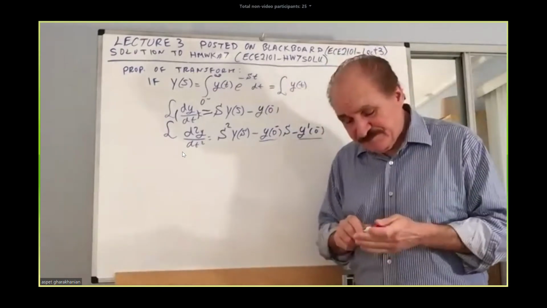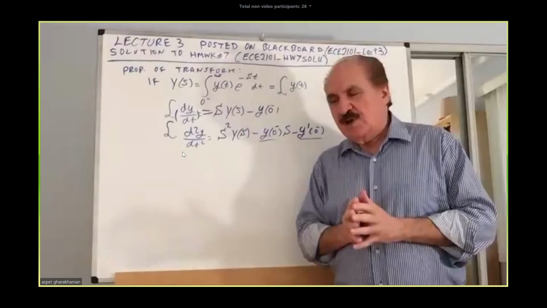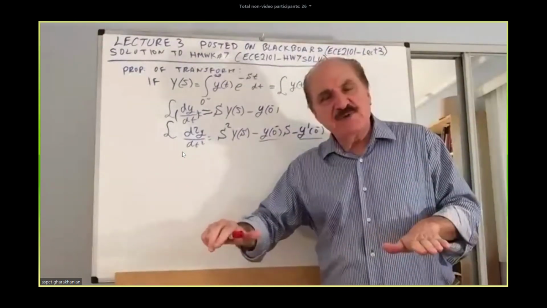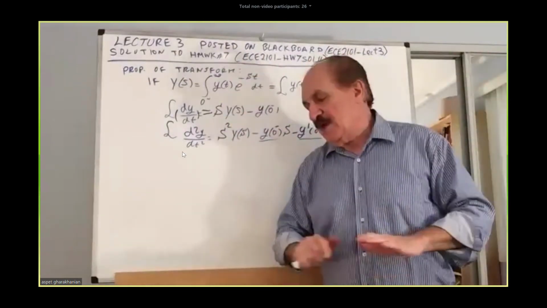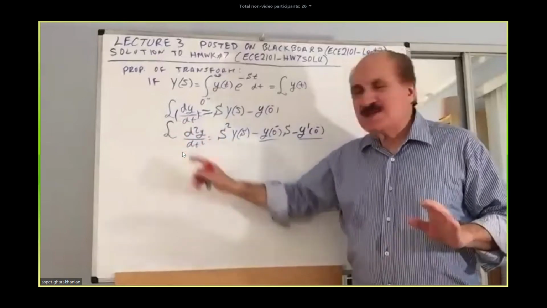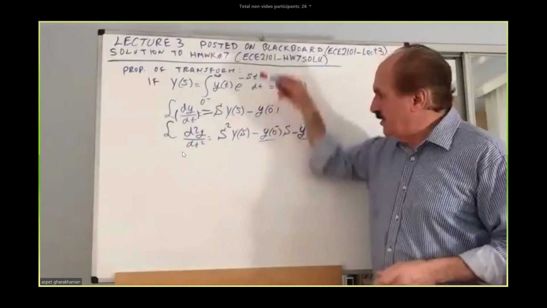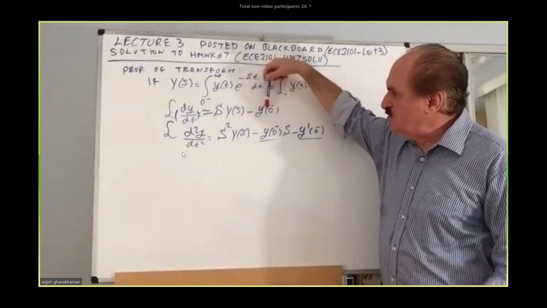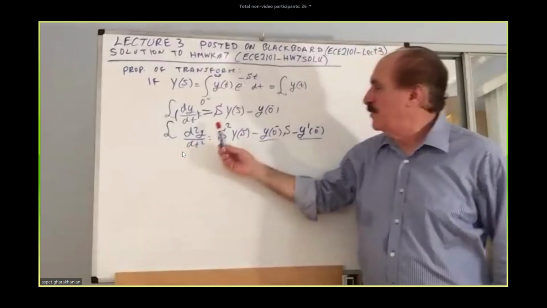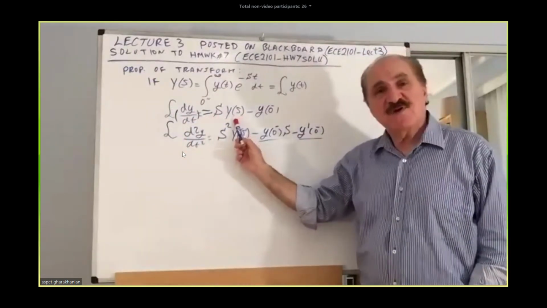However, when a system happens to have no initial condition, zero initial condition, beginning from zero energy or beginning from the rest, these two transforms become extremely simple. Look what will happen. Those terms will drop out because the initial values will be 0. And only, easy to remember, that Laplace of derivative is s times the function itself.